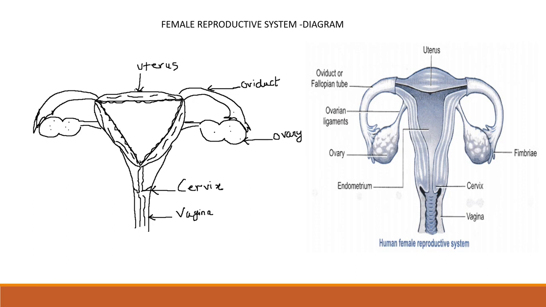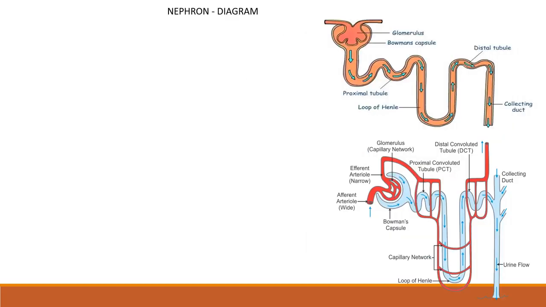Let's see the diagram of nephron. Now here's the diagram of nephron, and I have taken two diagrams over here, which are very simple diagrams. So I'll teach you how to draw the diagram, right? The first one, as you can see, first you have to make a Bowman's capsule. Make a Bowman's capsule like this. This one is quite complete.